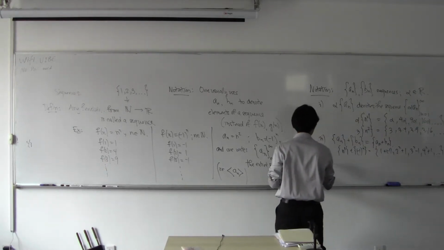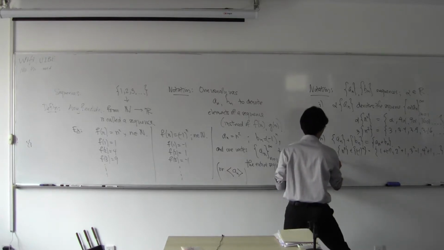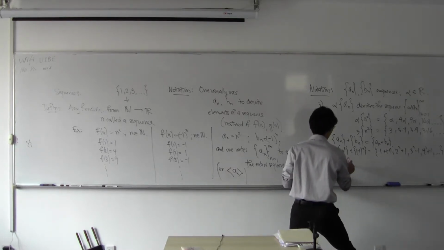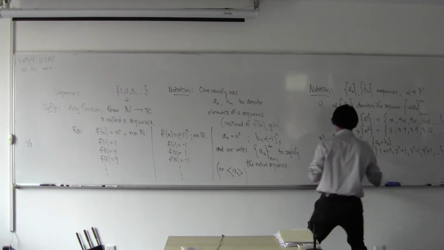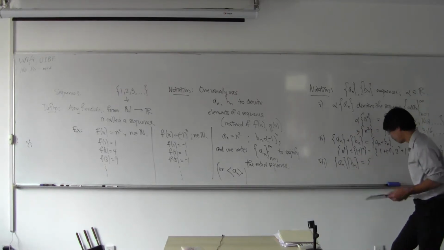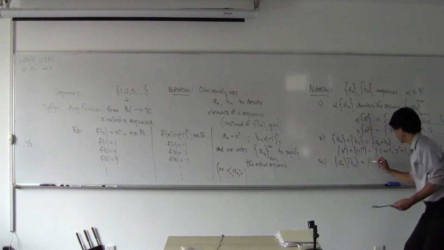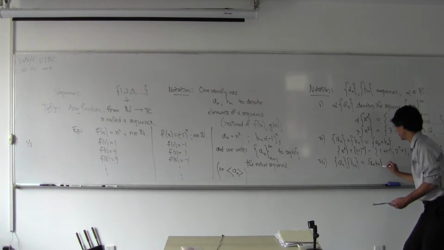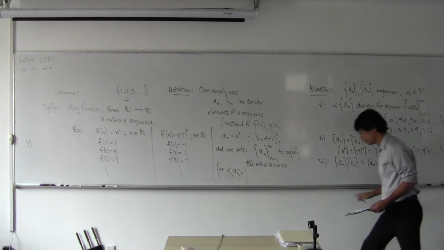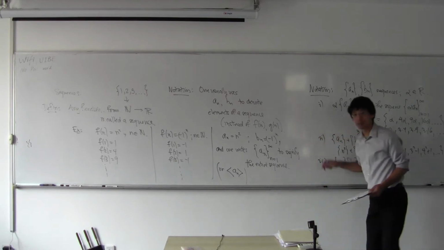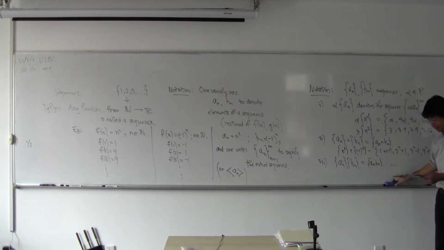Okay, and then, as you might expect, if you're multiplying sequences, then you're just going to multiply element-wise. Okay. So this notation is pretty obvious, I think.